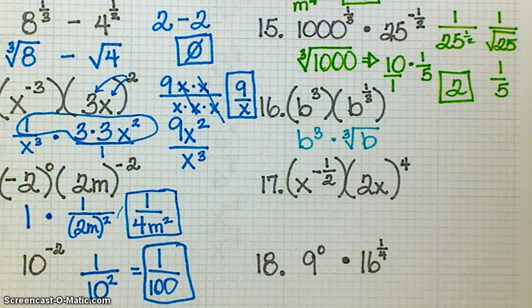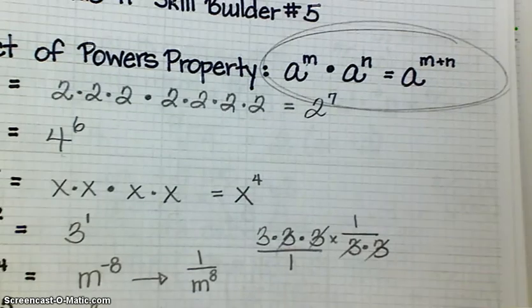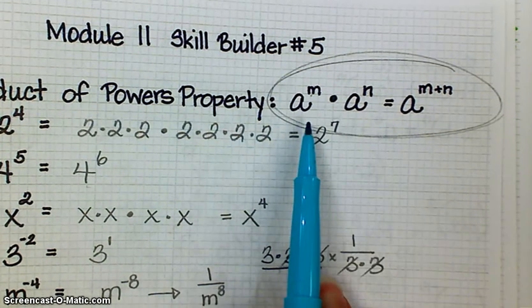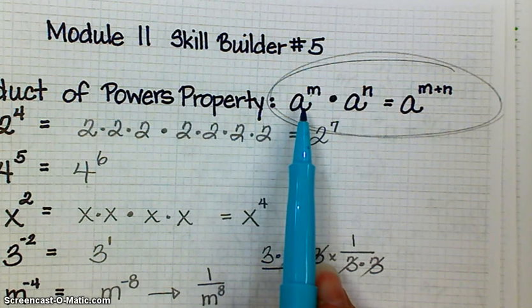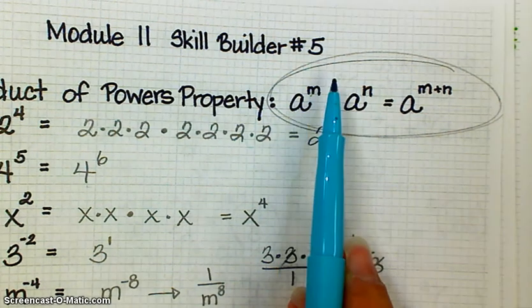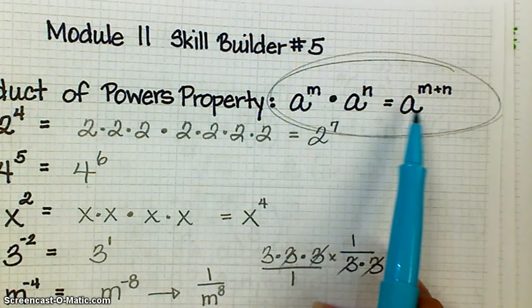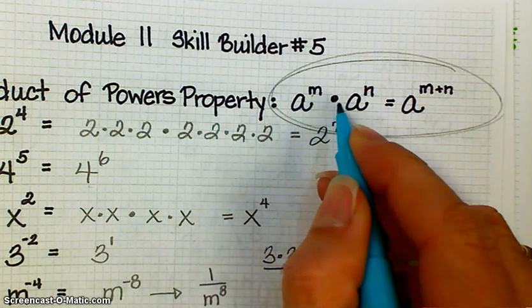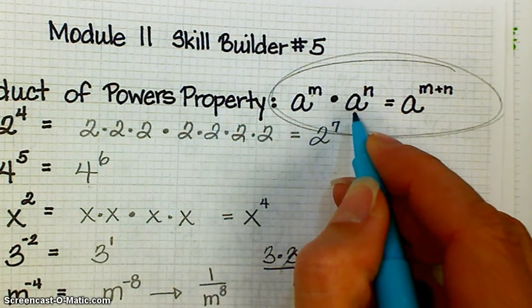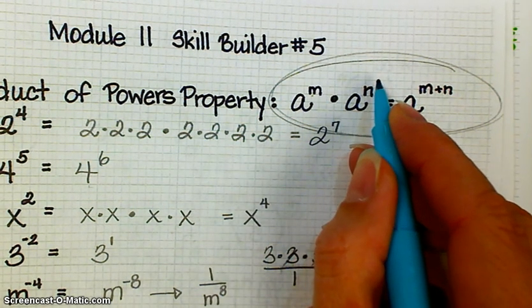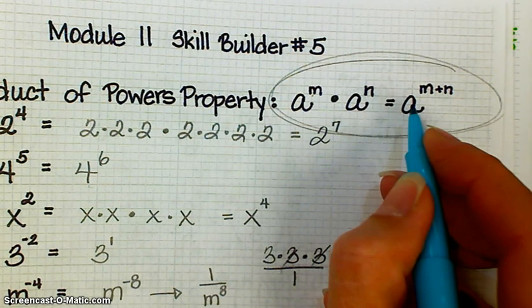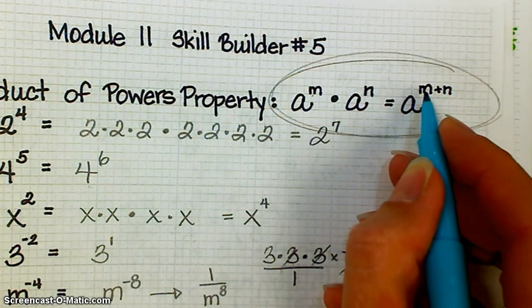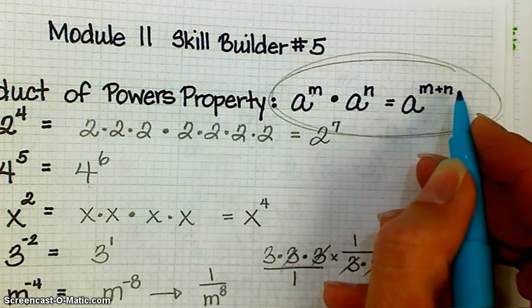But also, if you will remember this rule right here, when you have a to the m times a to the n, you add your exponents. So basically you have b to the third times b to the 1/3, and that's going to be b to the 3 1/3.